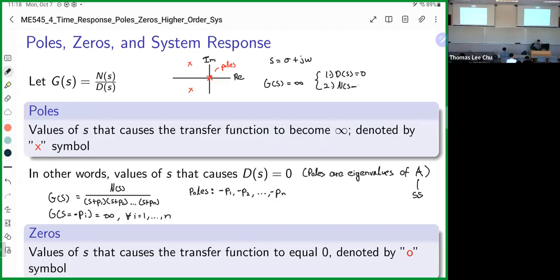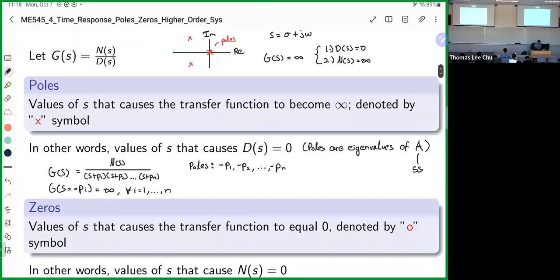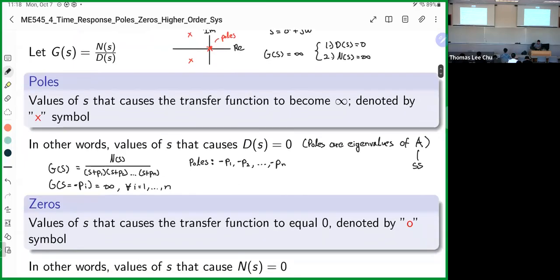So actually, N of s is equal to infinity and D of s is finite. So there is a case where your zeros or N of s contains poles, but we'll talk about that in chapter 8 on root locus. But for now, we're just going to focus on values in the denominator that make it 0.